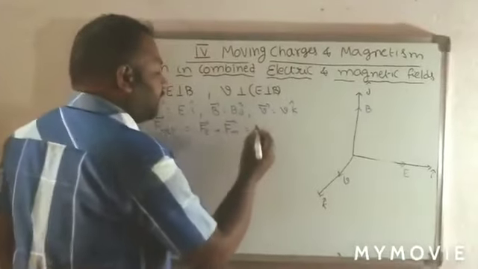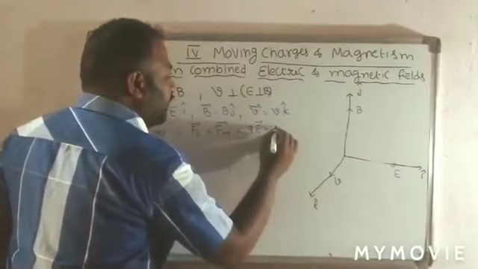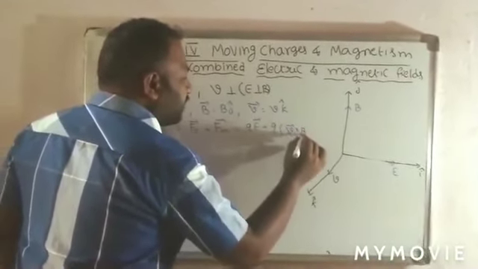What is the force due to the electric field? That is Q into E bar, plus the force due to the magnetic field, which is Q into V bar cross B bar.